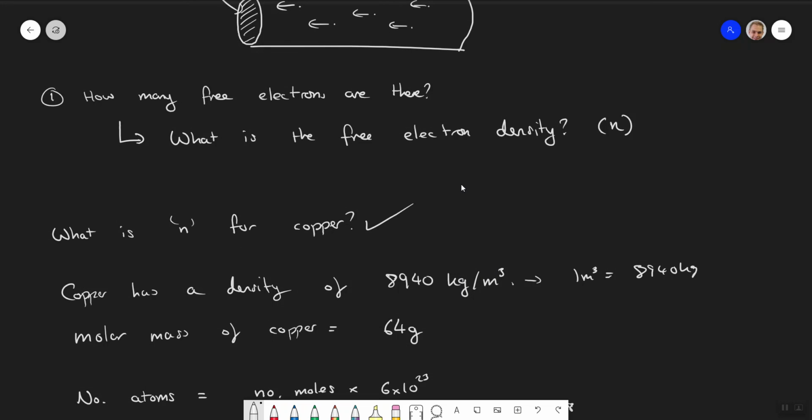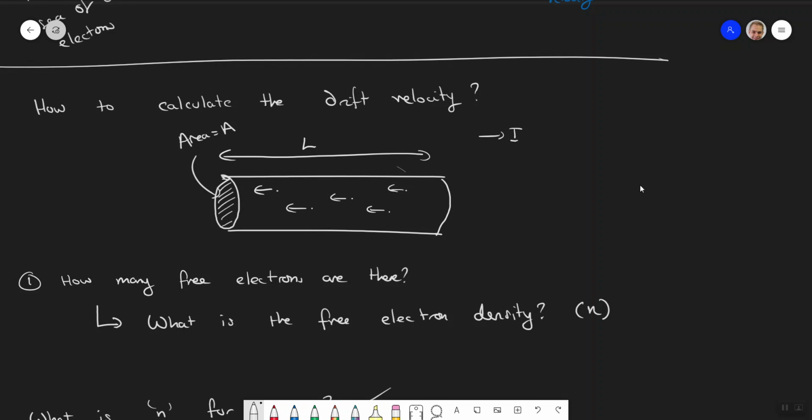Yeah, we can. So we can also define n, which is the free electron density, which is per cubic meter.